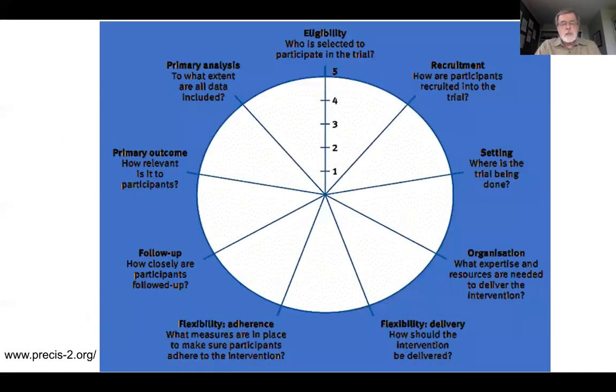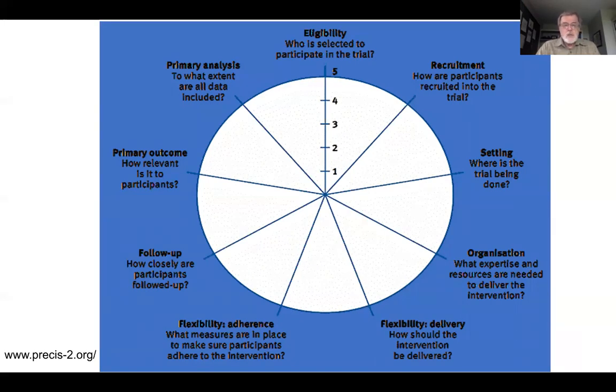So here's the classic PRECIS wheel, if you will, that has 9 dimensions. And we'll talk about a few of these, but you can see these are various important aspects of a trial design. I gave you examples of eligibility and recruitment and maybe the settings that are involved.